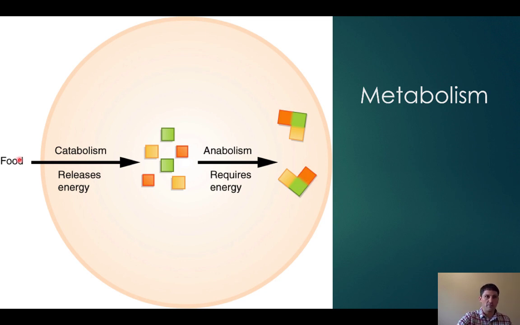As we eat food, we break it down into lipids, carbohydrates, and amino acids, and then anabolic reactions take those pieces and turn them into whatever our body needs, proteins or new mRNA or whatever that instance calls for, and this requires energy. So we're giving off energy and we're using energy.